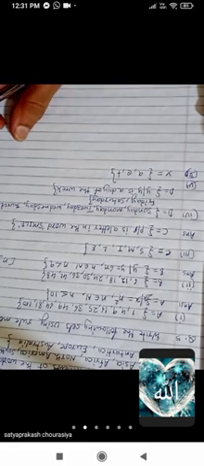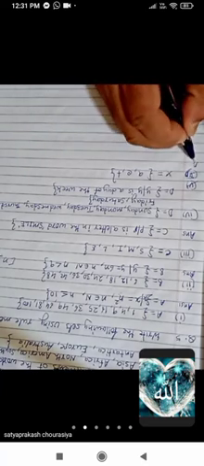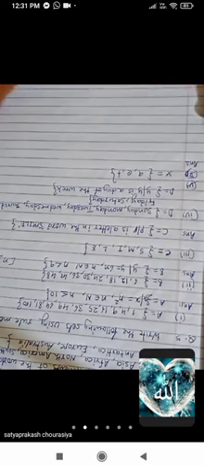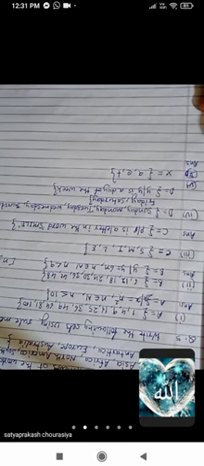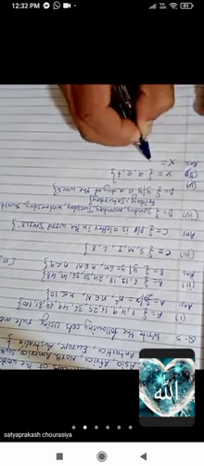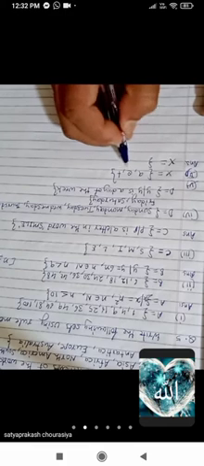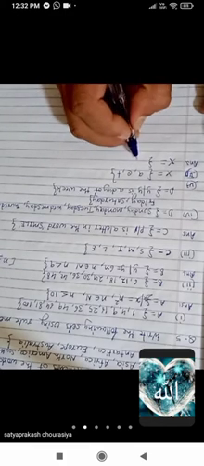Set X is set of A, E, T. Now see, using the letters A, E, T, we can make the word tea, or we can make the word eat. So here we will write that set X is, now in place of this we have to use one variable. Suppose this is the variable z.